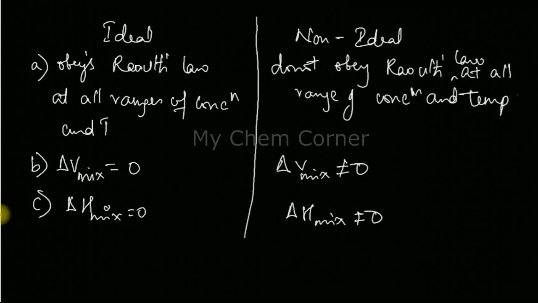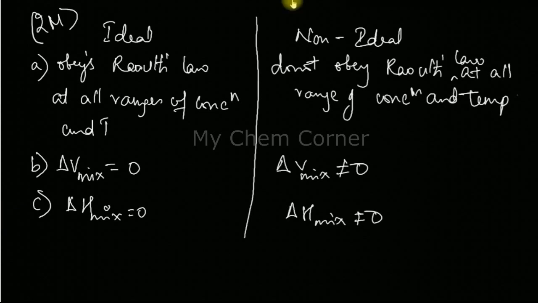You can say that the force of attraction between A and B molecule will be same as that of AA and BB molecule. On the other side, it is going to be either greater or lesser. So this way you have so many points that you can actually put out when you're talking about ideal, non-ideal solution. Since it's a 2-mark question, any 2 points are more than enough.